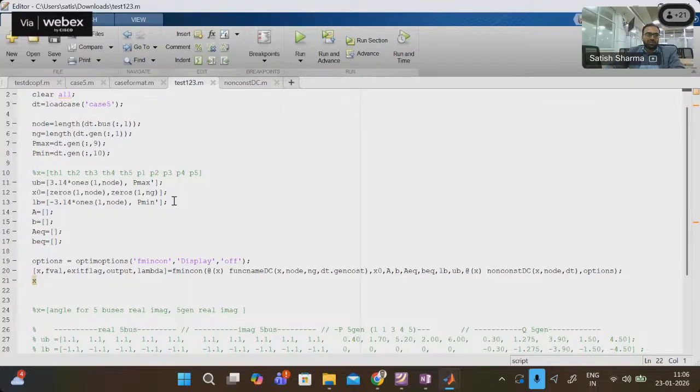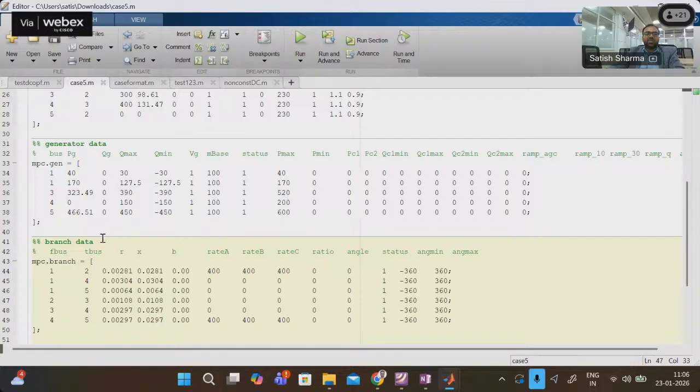And one more thing: while running this code, you will not be able to run this command load case, because it is specific to MATPOWER. So instead of using load case, you can copy these and change the name mpc to dt.